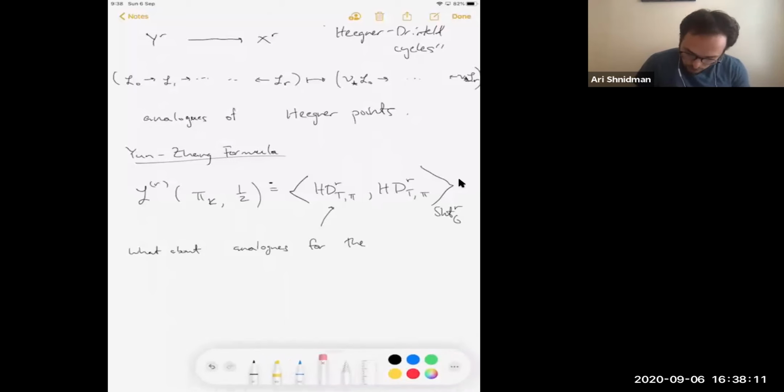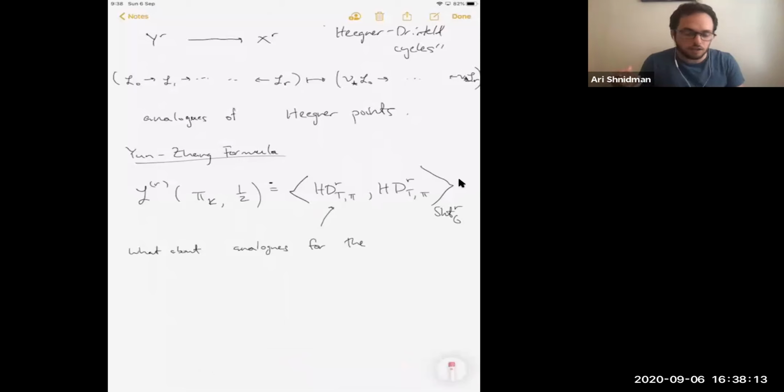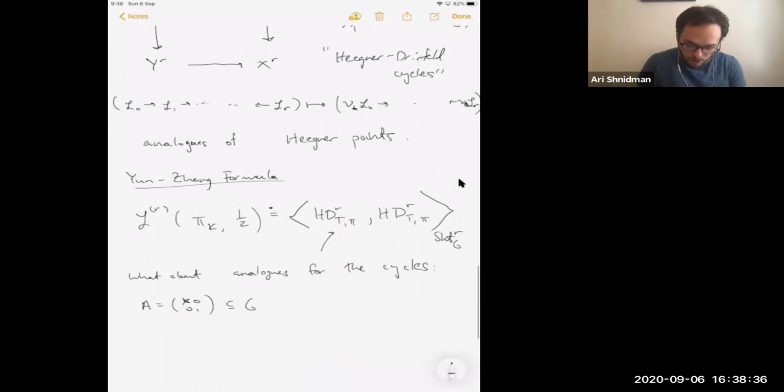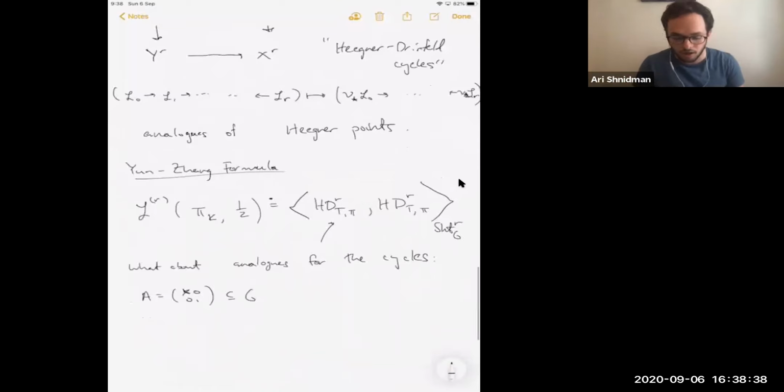There's a different algebraic cycle sitting in Sht_G. We can consider the same kinds of cycle, but for the split torus. I'm going to call these Manin-Drinfeld cycles. So remember, A is this split torus inside of G. There's a similar construction where A corresponds to the split double cover.